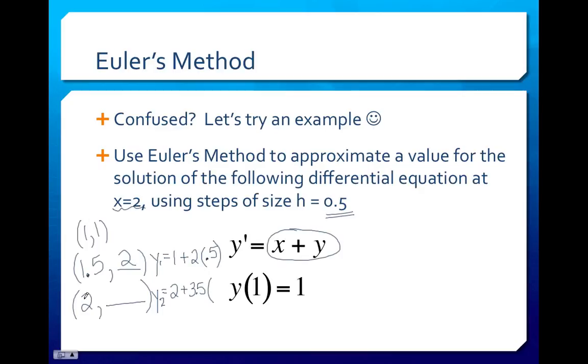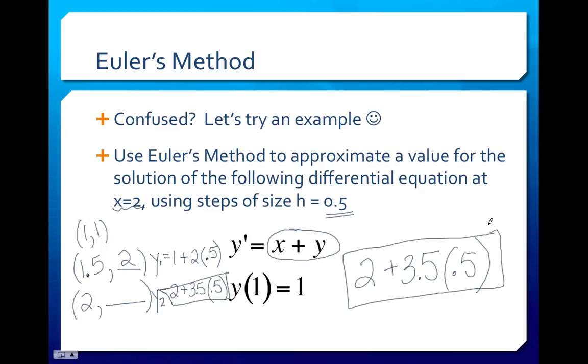Times my step size, my change in x, which is again 0.5. Oops. I don't know what this is, but if it's free response, then by all means, leave it like that, okay? If it's multiple choice, you'll actually have to go and figure that out. But that is my approximation. That is my answer.